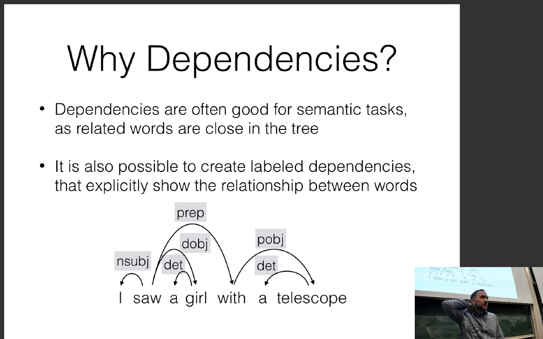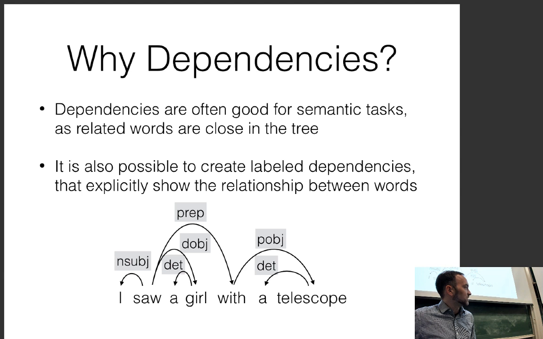Another task where people have used dependencies or other syntax very widely is semantic role labeling. So question answering, you basically want to take a question and give the answer to the question. Semantic role labeling is basically finding out who did what to whom in what way, etc. So like if you had here, the semantic role would be see, like to see.